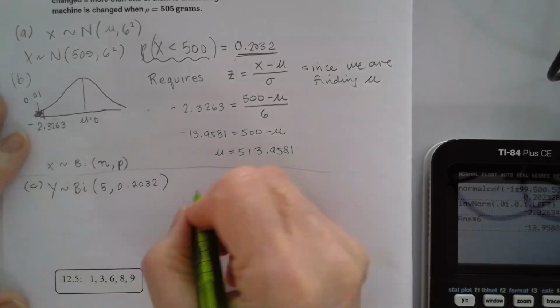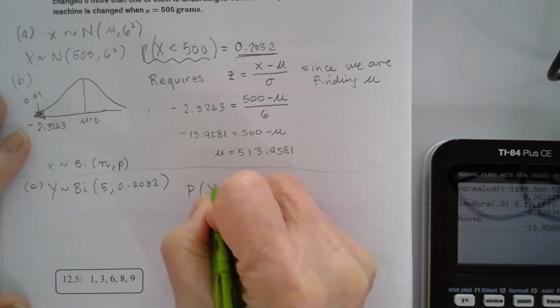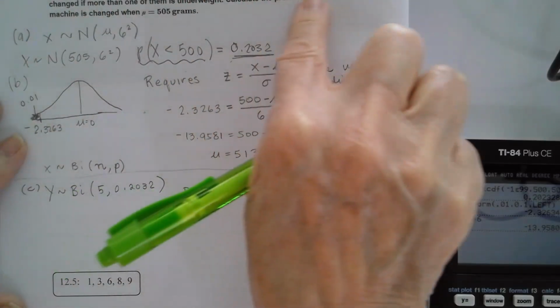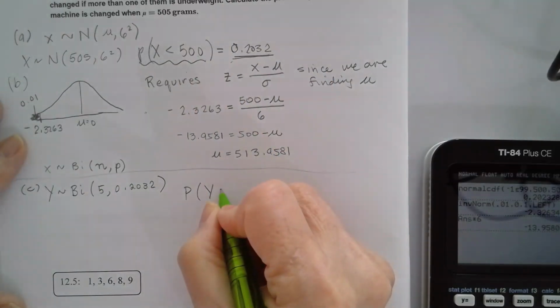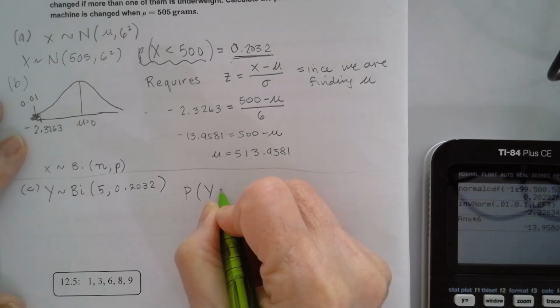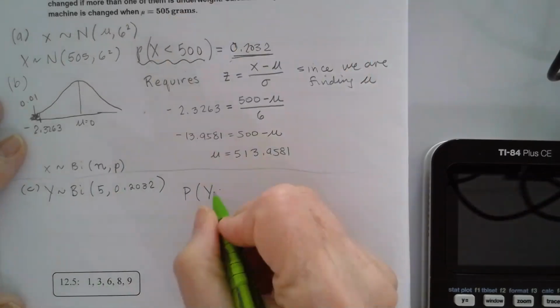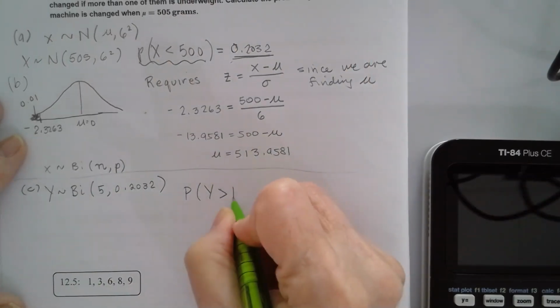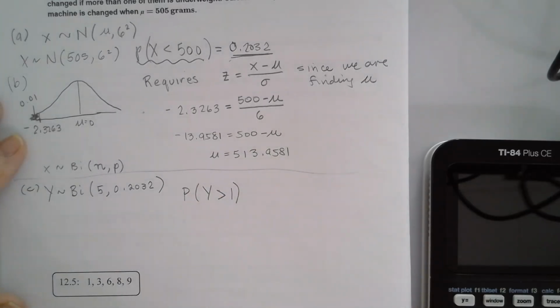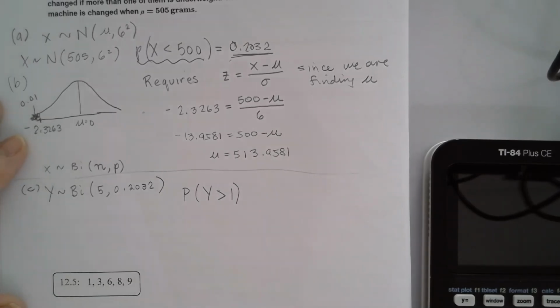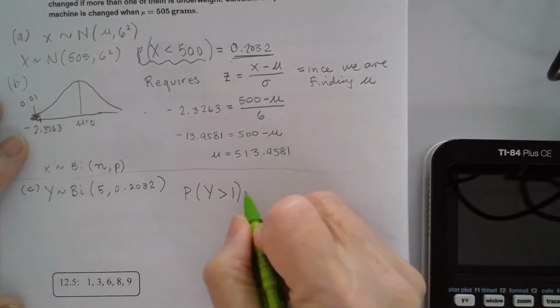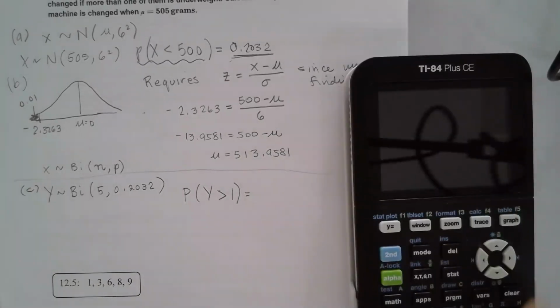Now, we want the probability that y is more than 1 is underweight. So y, underweight, is greater than 1. Right, because underweight is the thing. So we want to see if more of them are underweight. But when I do binom, do you remember this?